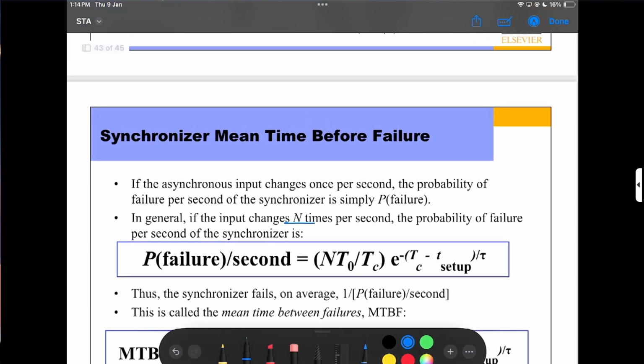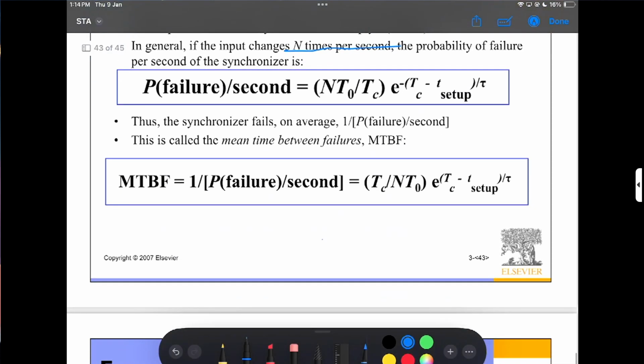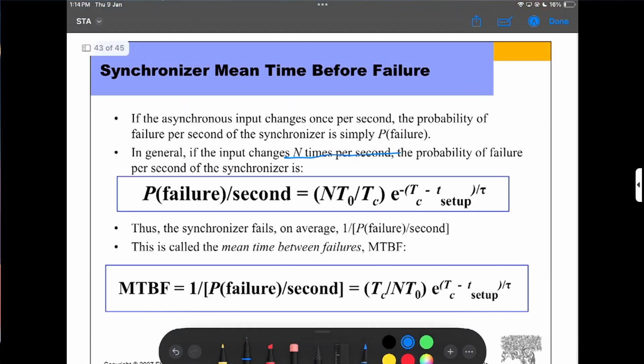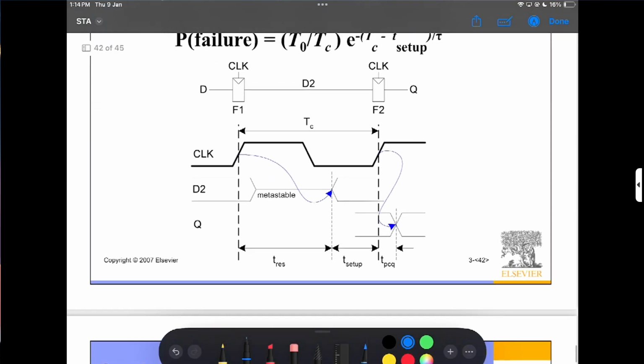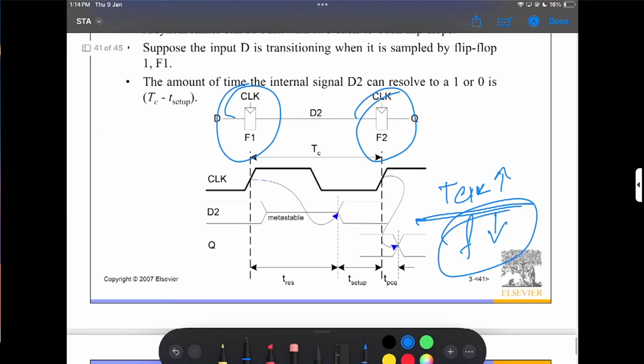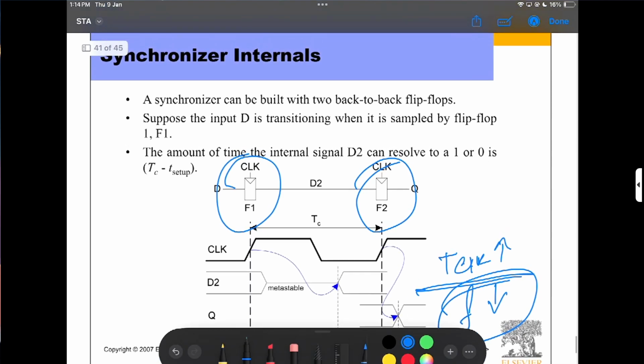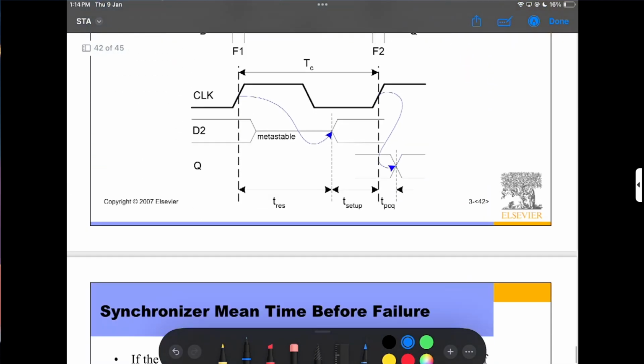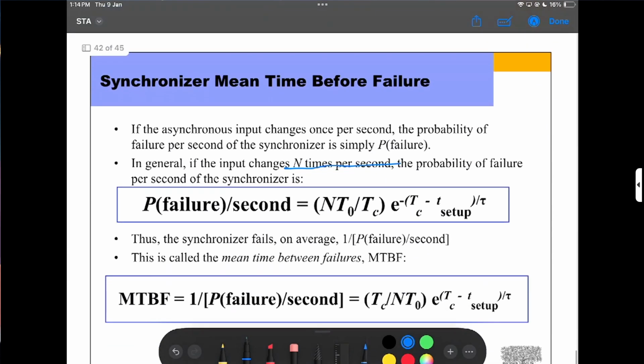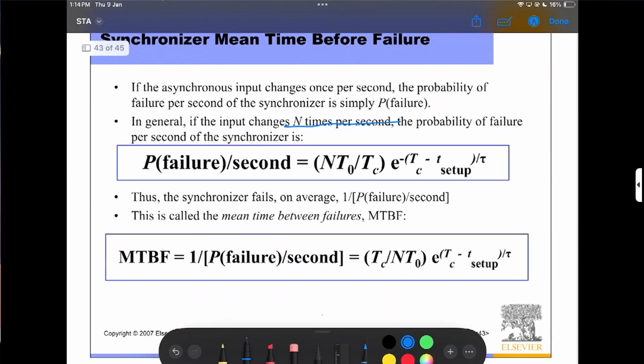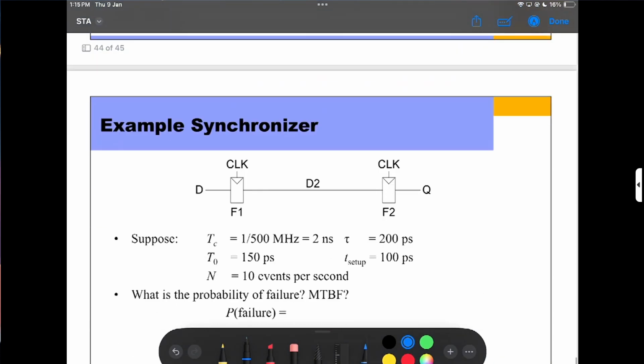And n is the number of events per second, and T naught is, I think, the flip flop internal delay or something like that. Tc is like the clock cycle or confirmation delay or something like that. T setup is setup time.